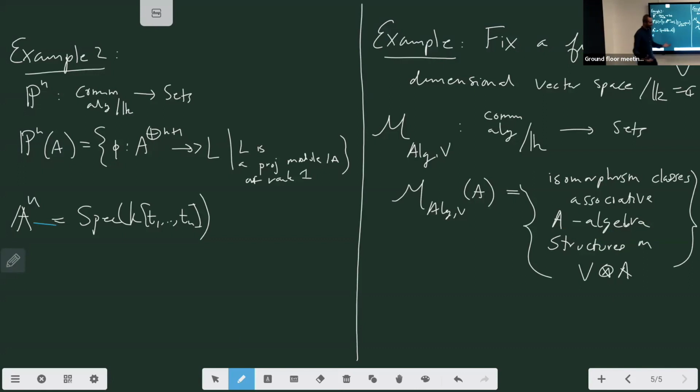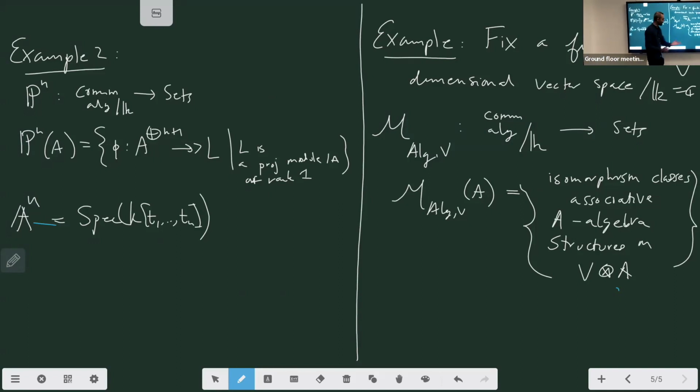I take V tensor A. I want to define a binary multiplication on V tensor A, which is a map of A-modules from (V tensor A) tensor (V tensor A) to V tensor A. That's what an associative A-algebra structure on V tensor A means.